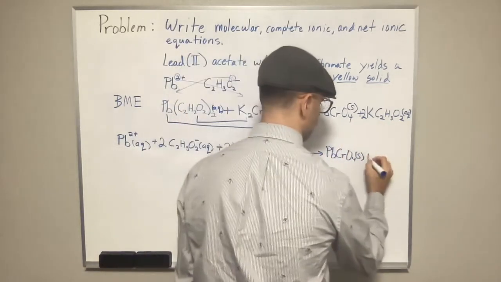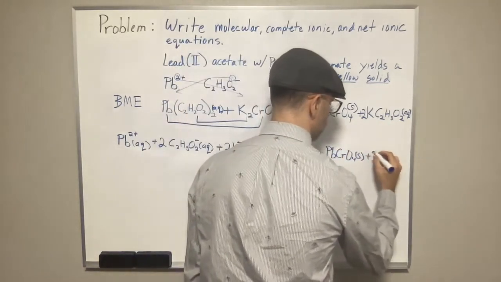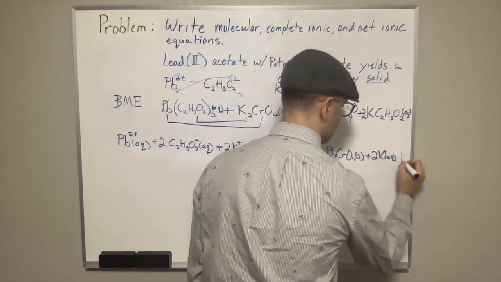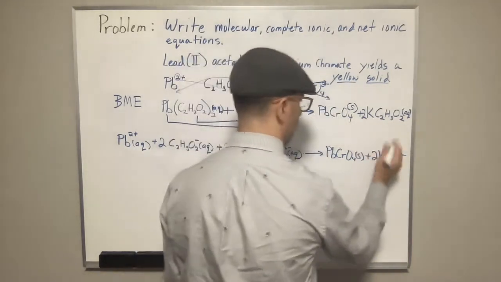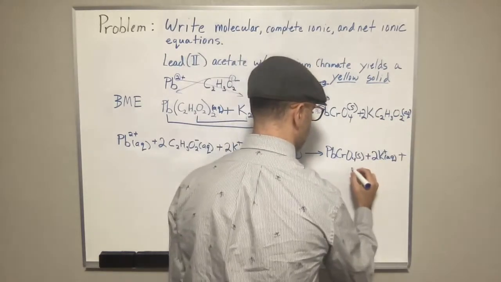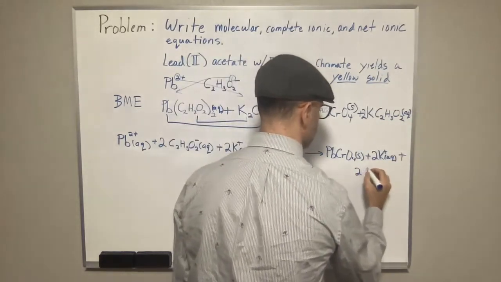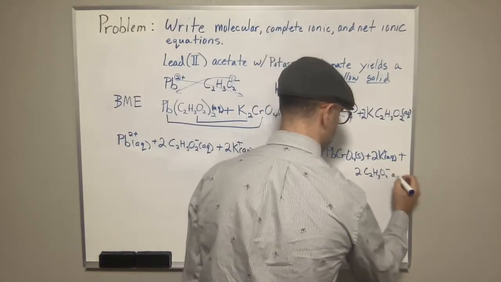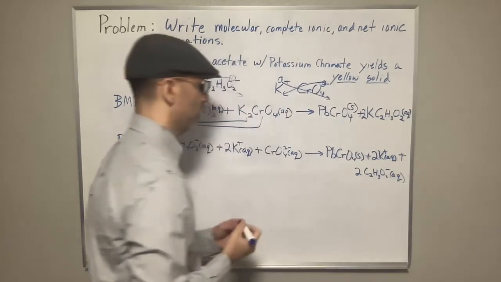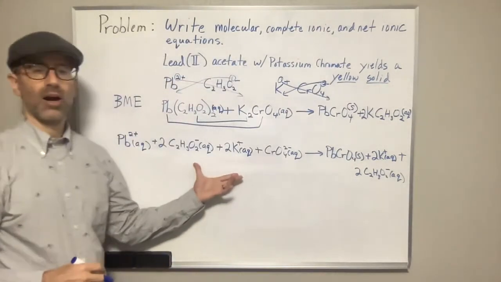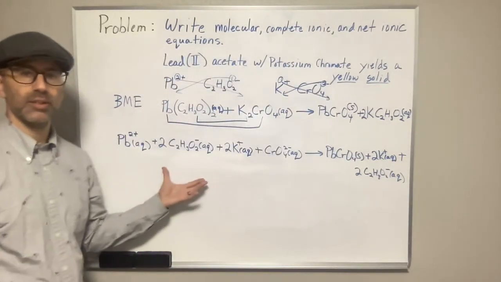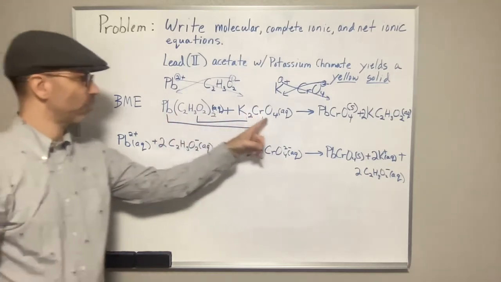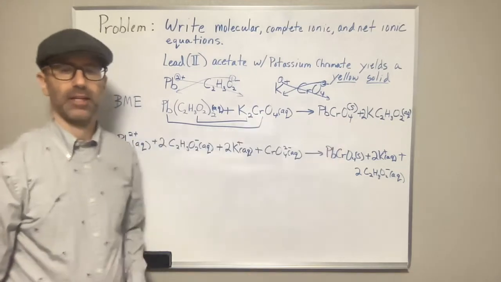So we have 2K+ aqueous, plus 2 acetate ions, so 2 C2H3O2- aqueous. Okay, so this is our complete ionic equation. All of the ions that are aqueous have been separated, except for the solid.